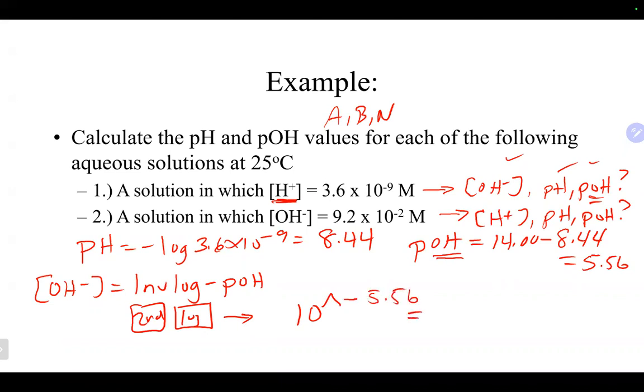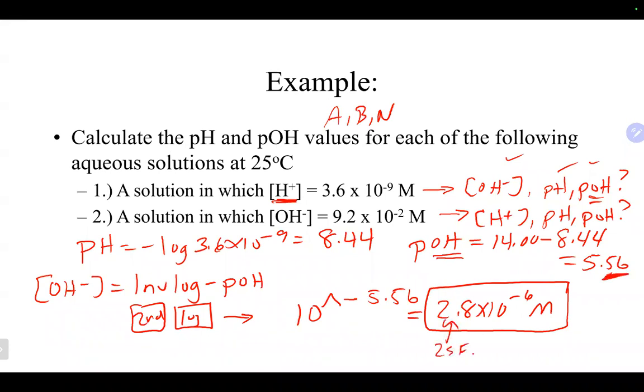And if I do that on my calculator, there it is. I will end up with 2.8 times 10 to the minus 6 molar. Once again, I'm going backwards here, so this has 2 decimal places, 2 sig figs coming this way.